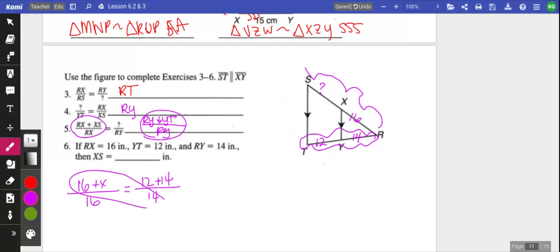So this would give me 14x plus 16 times 14, which is 224, equal to 16 times 12 plus 16 times 14, 416. Subtract the 224 to get 192. Divide by 14 to get 13.7.